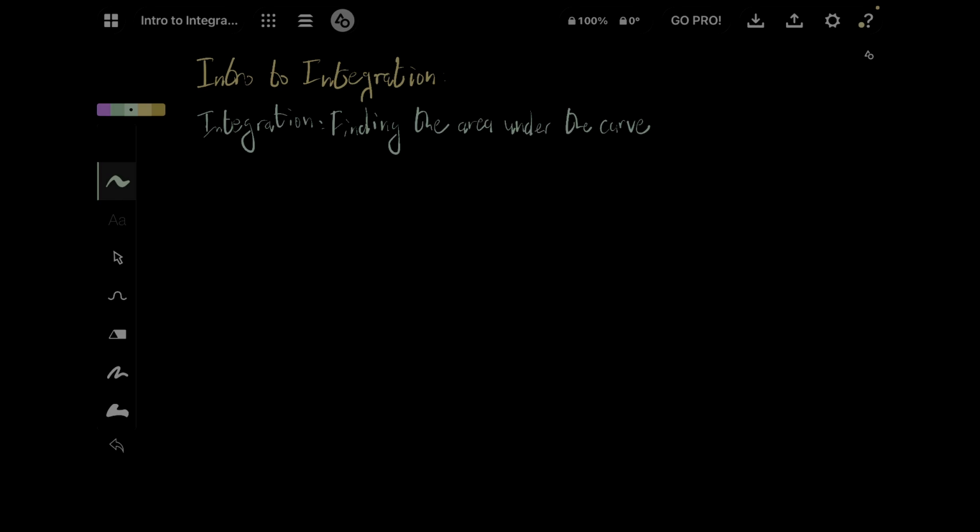And this is exactly what the Riemann sums did, but instead of finding the exact area, unless in very specific cases, they would approximate the area. So integration, in reality, is just the exact method used to calculate the area under the curve, with Riemann sums just being simple approximations. Now, there are two main types of integration: definite and indefinite.